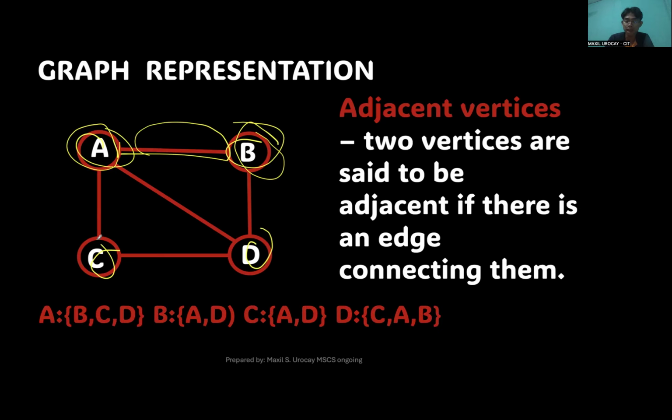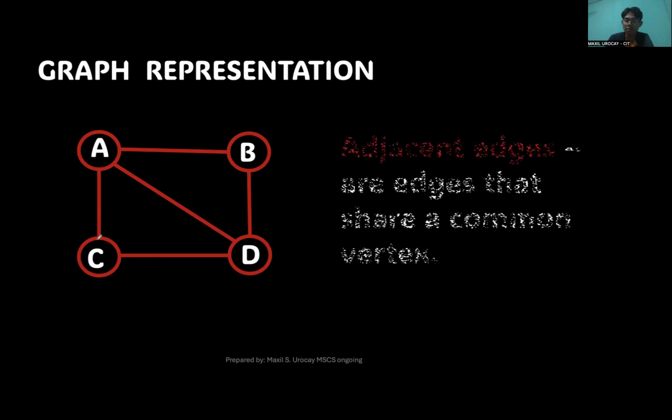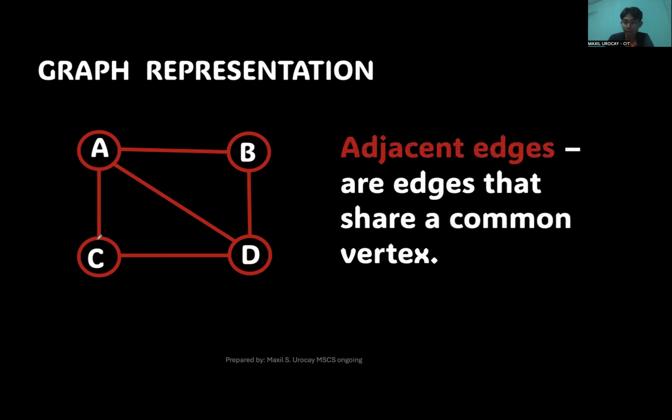Now we also have adjacency of edges. Adjacent edges are edges that share a common vertex. Say, for example, A and D. We have the same connecting edge. Why is there an adjacent edge?